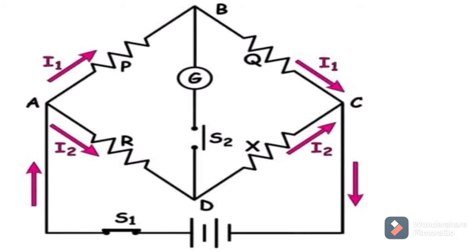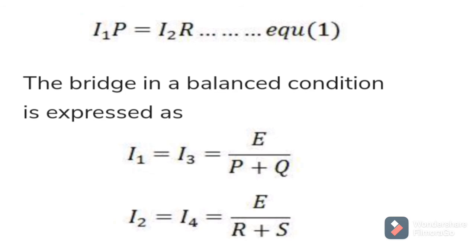The current entering the bridge divides into I1 and I2 and their magnitudes remain the same. The following condition exists when the current through the galvanometer is 0 and the equation is I1P = I2R, equation number 1.